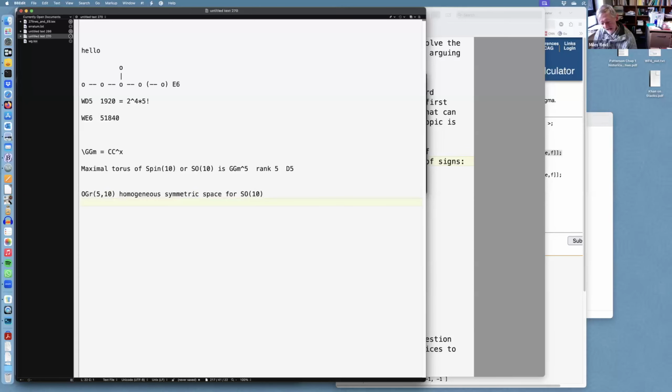Yes. So it has cohomology, even cohomology, that we know by a little calculation.